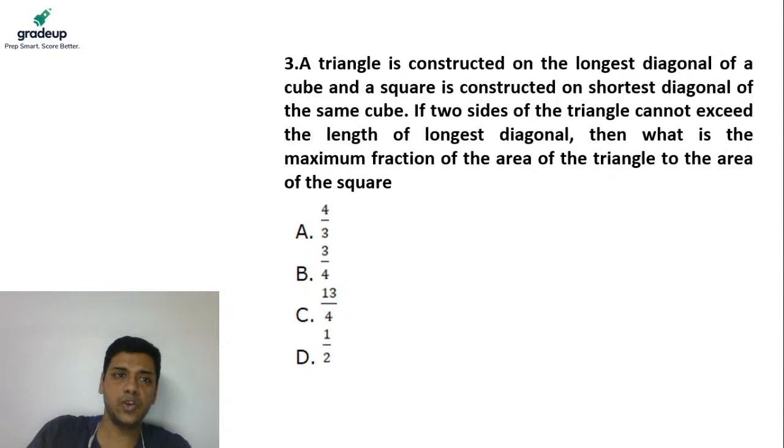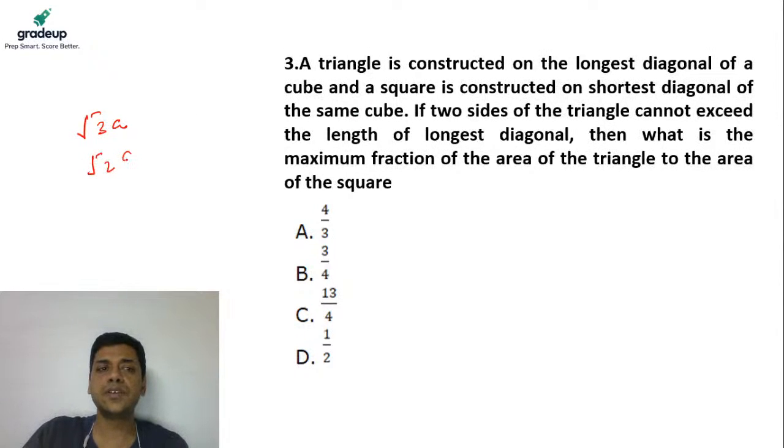The longest diagonal of a cube is nothing but root 3a, and the shortest diagonal of a cube is root 2a. Now, if two sides of the triangle cannot exceed the length of the longest diagonal, then what is the maximum fraction of the area of the triangle to that of the square?